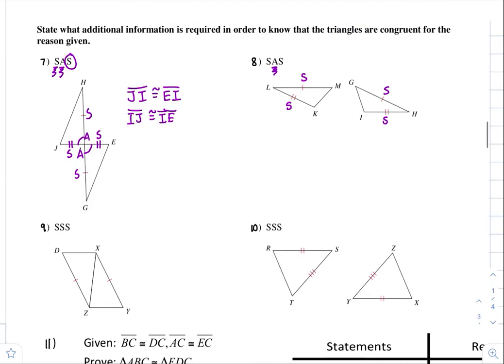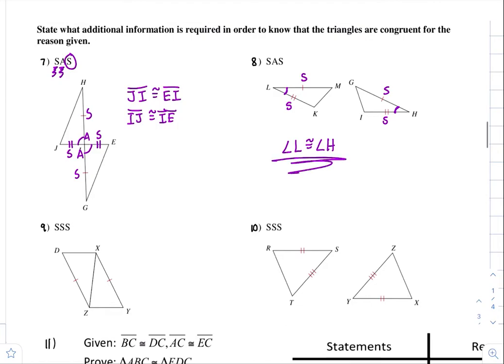The only thing we don't have is the angle. And notice the angle is included, which means it's in between the two measurements, or it's the angle formed by the two sides. So this angle and this angle have to be congruent to each other. So angle L has to be congruent to angle H.